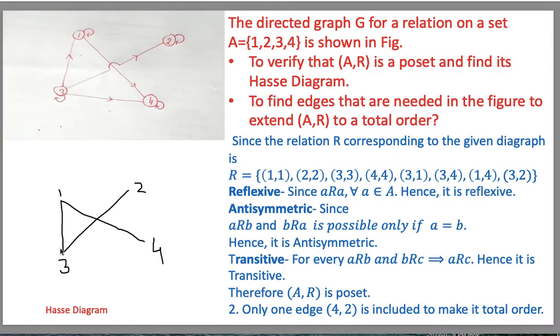So we write 3 here and we join 1 and 3. The next element is 4. So we see that 3 and 4 are related and 1 and 4 are related. It means we join 1 and 4.